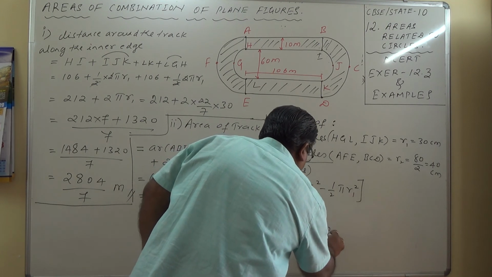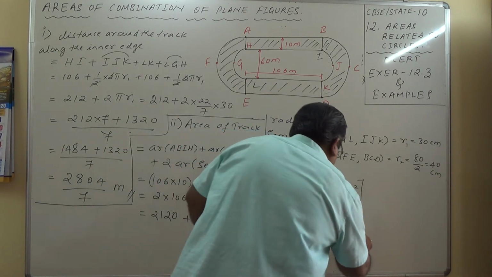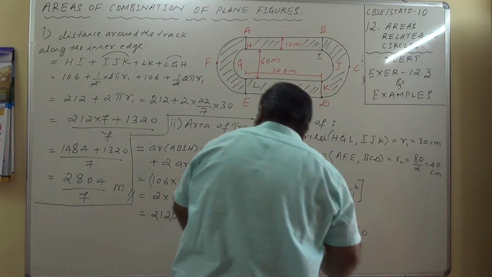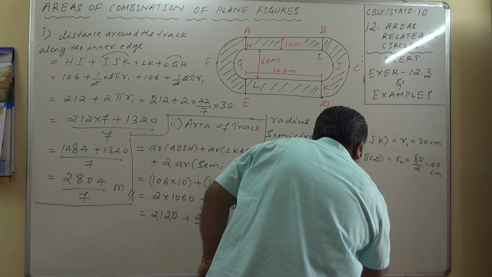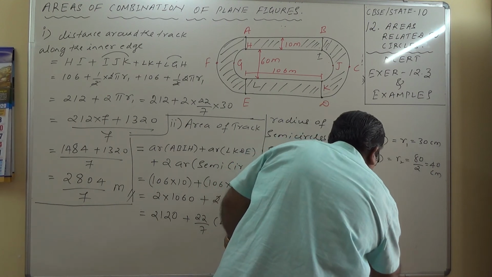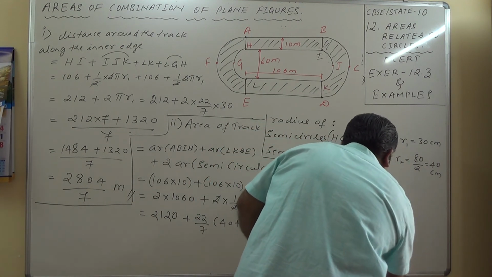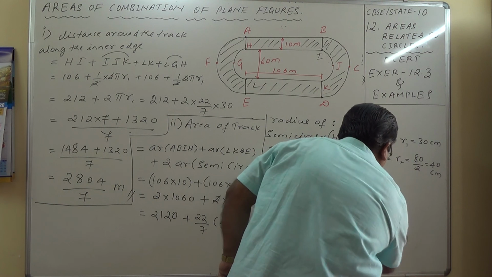2120 plus 22 by 7 into 70 into 40 minus 30, 10. So this 7 ones are 7, tens are 10.